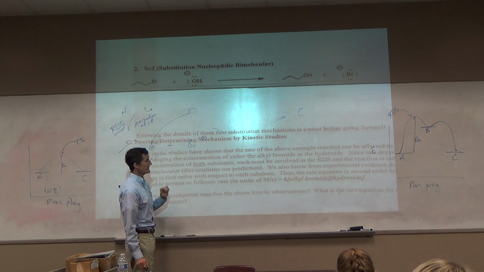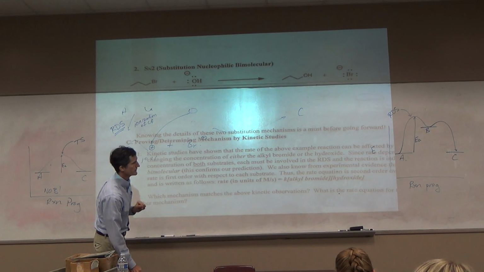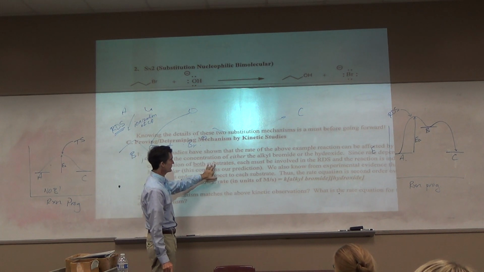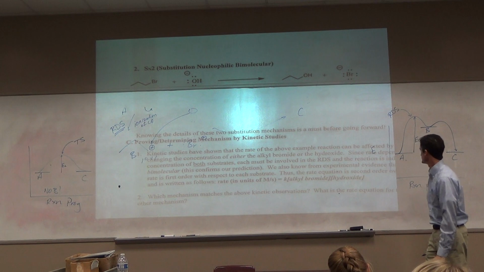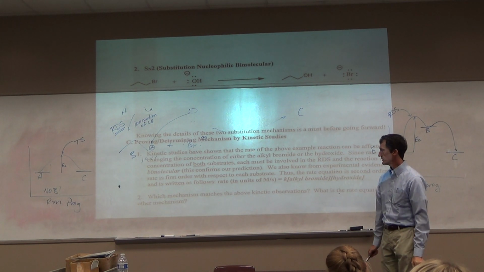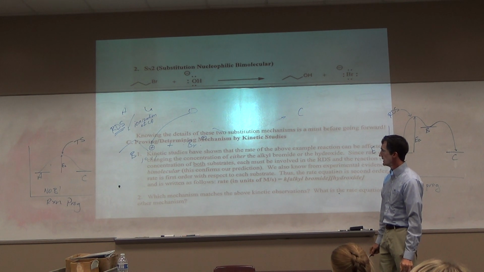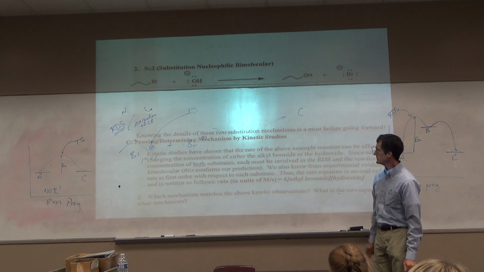Thus, it sounds like the rate is dependent on both of them. Since rate depends on concentration of both substrates, each must be involved in the rate determining step, yes? And the reaction is indeed bimolecular. So the kinetic evidence confirms our prediction that this should be an SN2 mechanism.